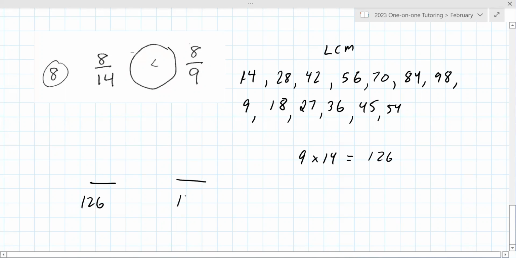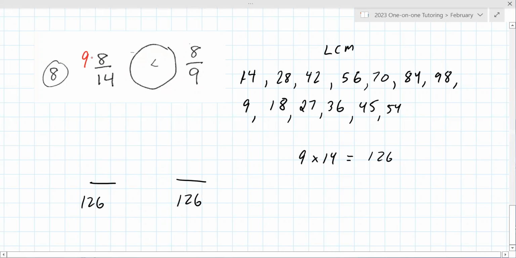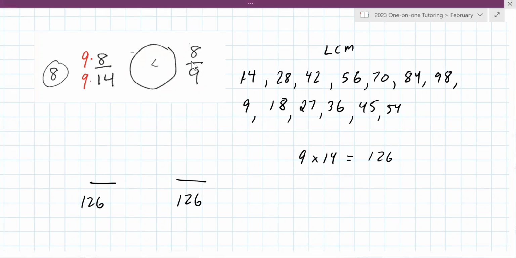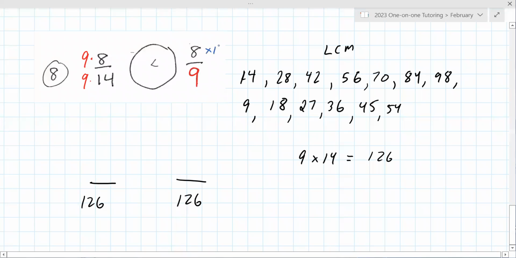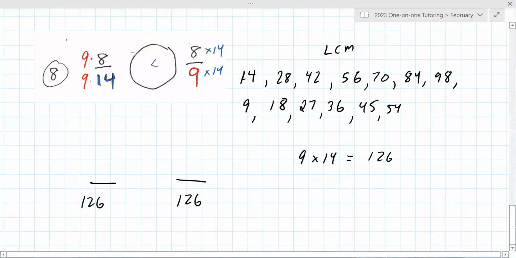But it also tells you what you multiply each side by. You multiply the one on the left by 9 and the one on the right by 14. Now your symbol is again correct.